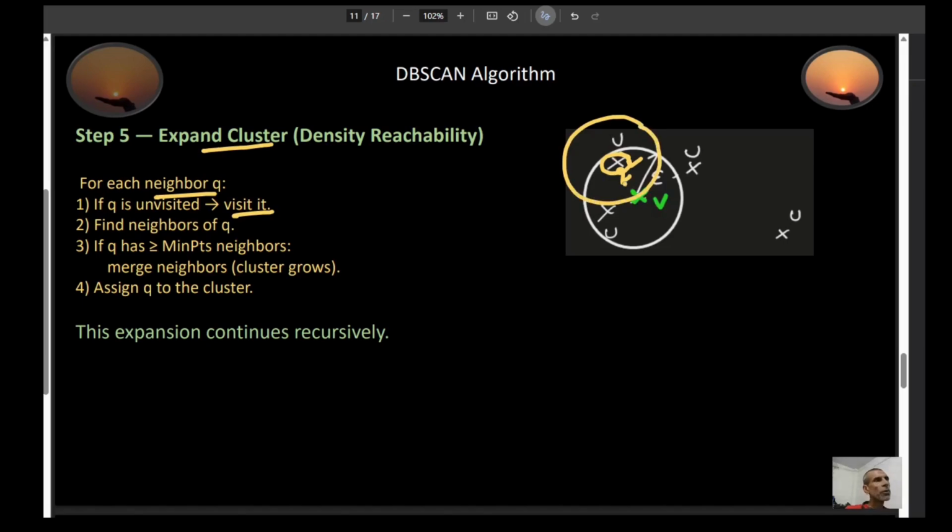Now, if Q has neighbors, greater than the minimum number of points, then you're going to merge those neighbors. In other words, your cluster grows. And then you are going to assign Q to the new cluster. And then you keep doing this. This expansion continues recursively.